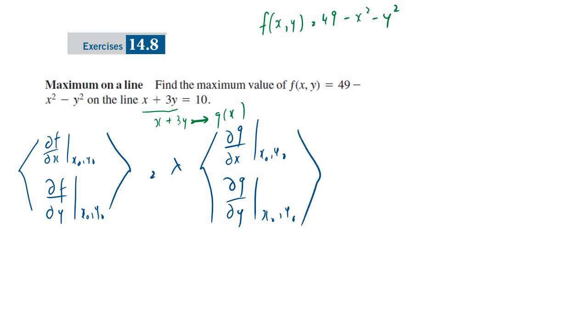So let's do the partial derivative of f with respect to x. So this is a constant, so that would be 0.